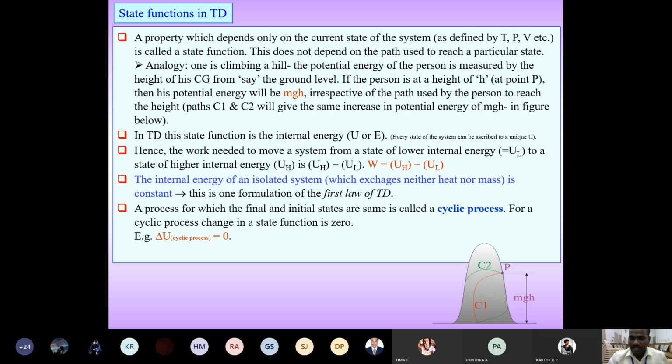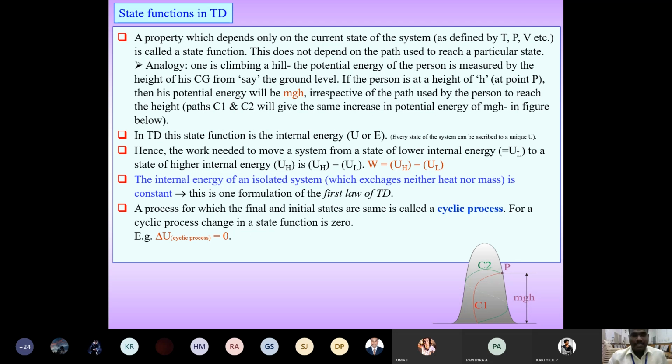Then another process happens by this path, and at the final stage, the state is here. That is called a cyclic process. So if the initial and the final states are the same, we can say that the process is a cyclic process.